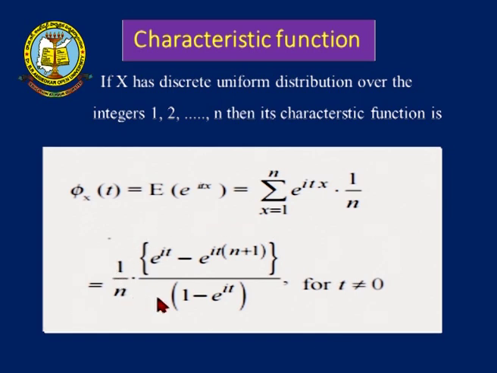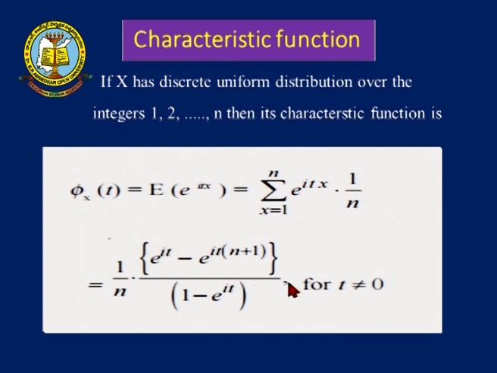The same expression we already derived in terms of the moment generating function. Just compare that expression and this one. The only change is that wherever t was there, we now have it, especially in this characteristic function.